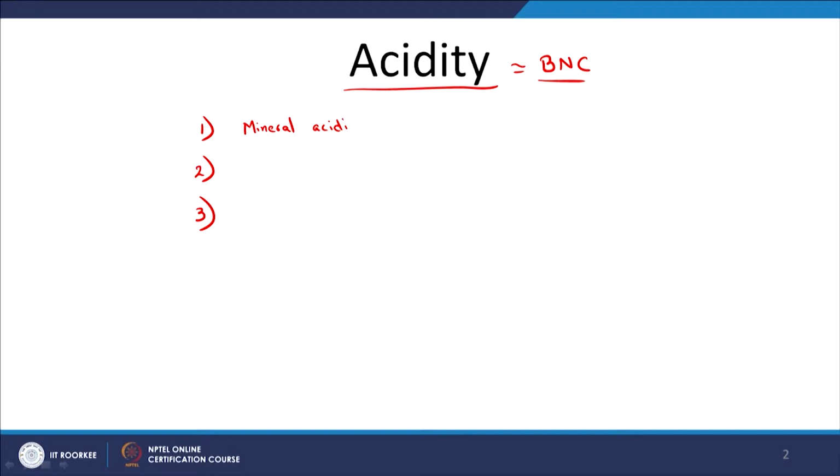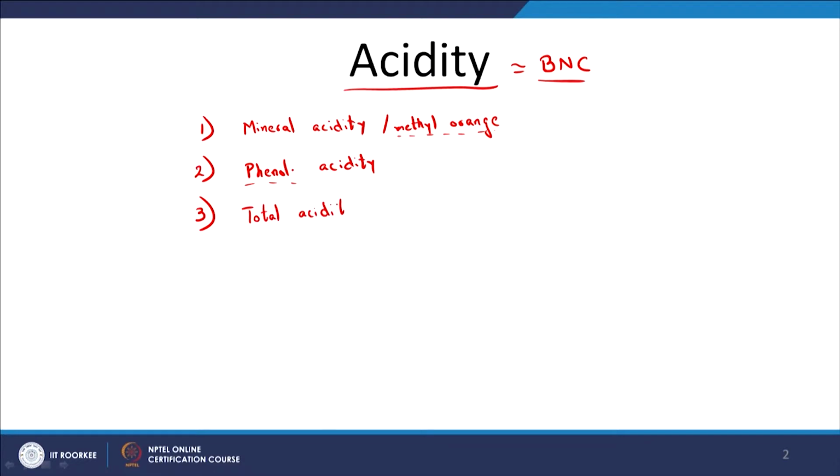Next we look at phenolphthalein acidity, and this I believe is also called methyl orange acidity, based on the type of indicator that you are using. And then total acidity.